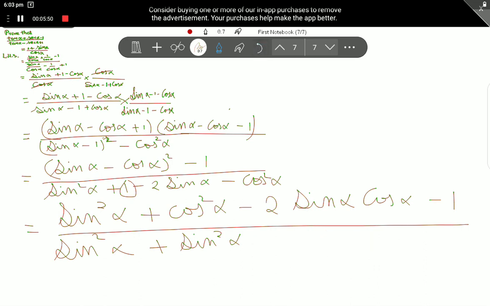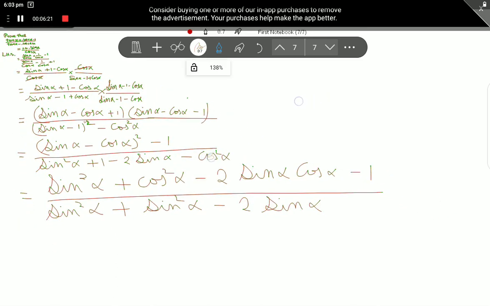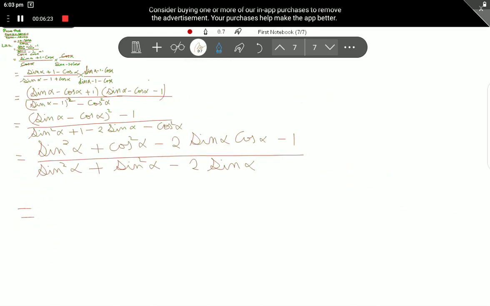Once again, we have 1 minus cos squared alpha, that can be written as sin squared alpha. The rest of the thing in the numerator is sin squared alpha plus cos squared alpha minus 2 sin alpha cos alpha minus 1. In the numerator, sin squared alpha plus cos squared alpha is equal to 1.